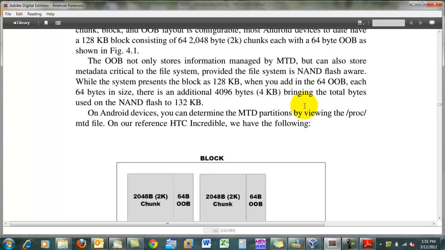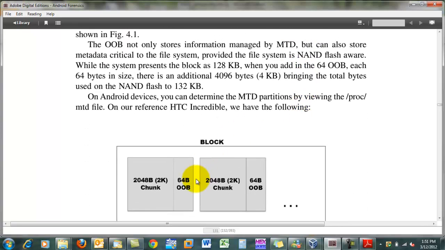What do you mean by this? Let's look at these little blocks over here. In this example, if this chunk is 2048 bytes or 2K, there will be a 64 byte OOB, or out of band, that stores metadata about this chunk. For example, you can store whether it is a bad block or a good block, a reserved block, or what they call an erasable block or stuff like that.